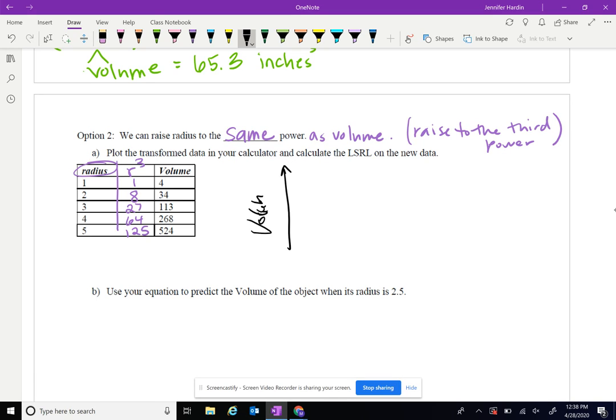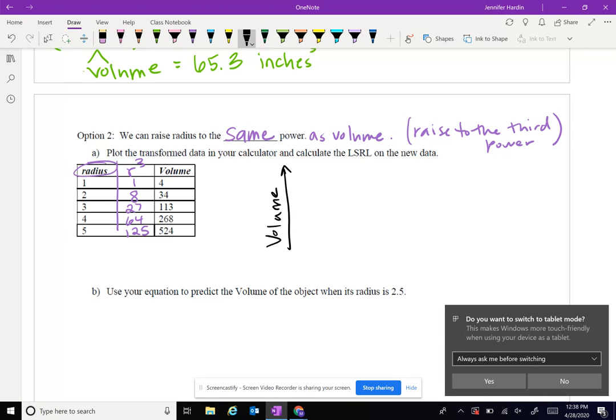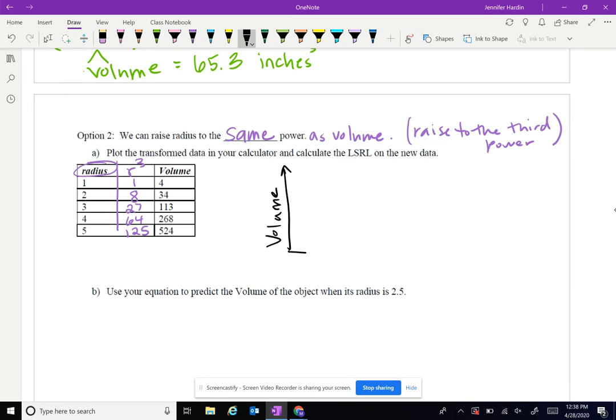Oops. Writing sideways is hard, guys. And then on our x-axis, we now have radius cubed. Okay. So pay attention to how they're labeling the axes so that you know what's going on here.